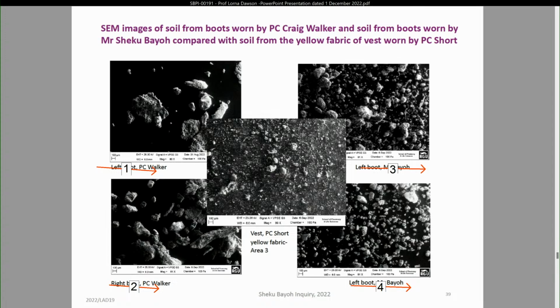And when we compare all those four, and we did this with every image that we took across every one of the 6 replicates for each of the analyses, they were consistent. This was the sample from the vest, and it had this wide range of particle sizes from the sand right through to the fine clay in the vest sample. This was vest area 3, whereas the fine particles were not in box number 1 and 2 on the boots of P.C. Walker.